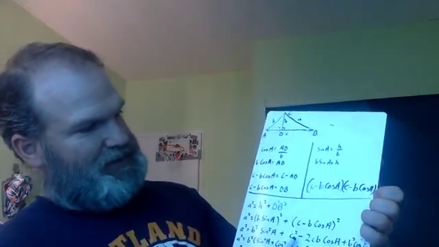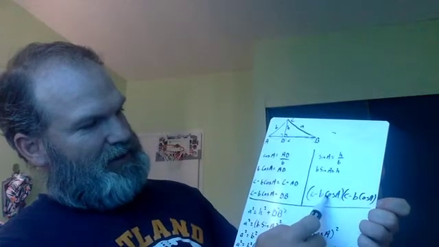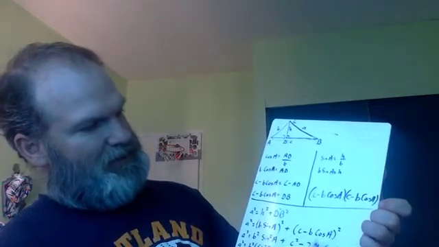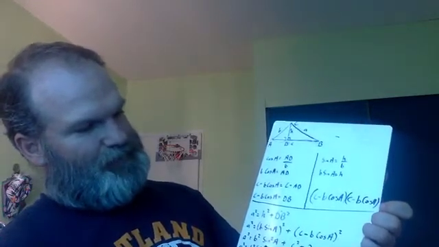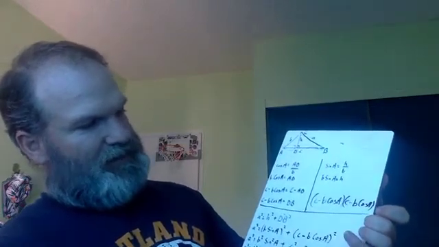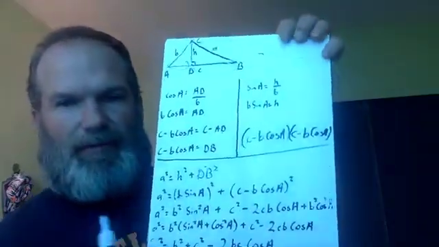C times c is c squared. C times b cosine a and b cosine a times c, you get two of them. So we have 2c times b cosine a. And then this last term would be squared, so b squared cosine squared a. All right, maybe that wasn't showing up.